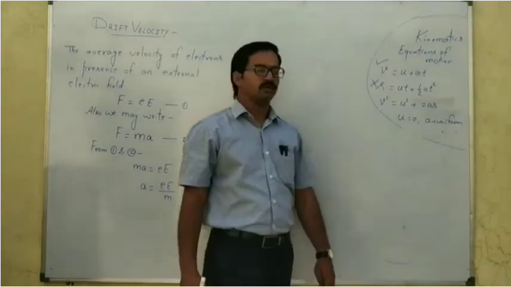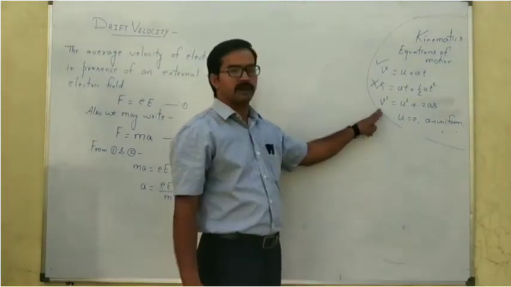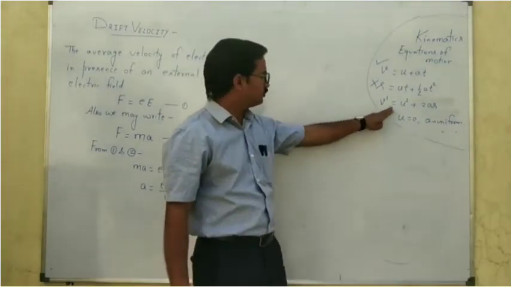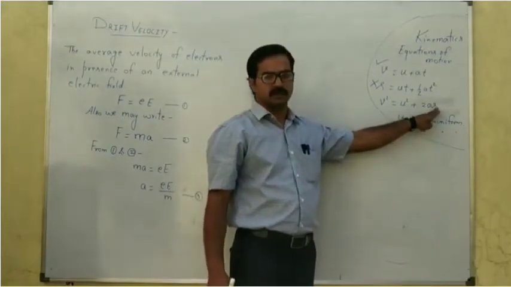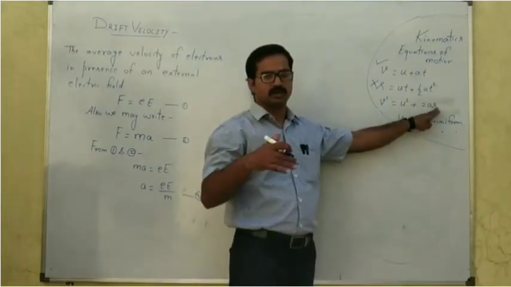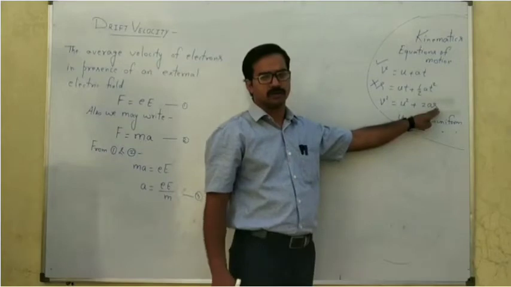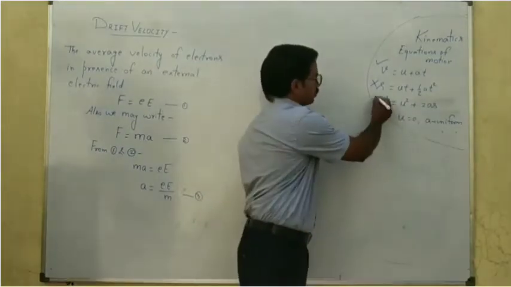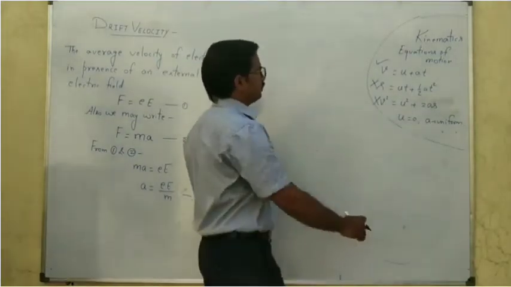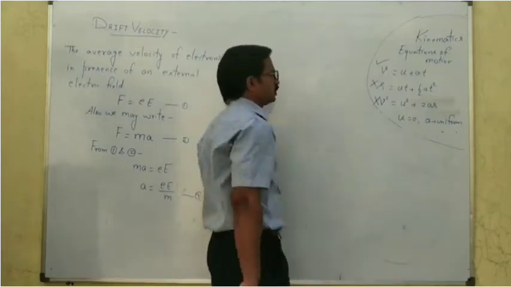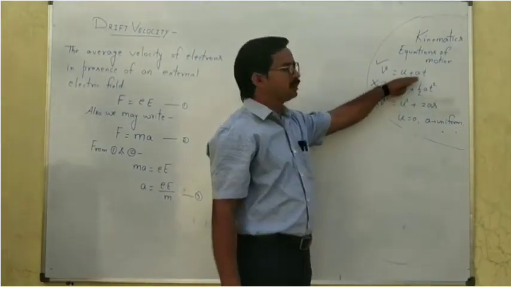If we go with the third equation of motion to find the final velocity of each electron, we do not have s, meaning how far an electron travels between two consecutive collisions. So this option we also cannot use. We can only use the first equation of motion, that is v is equal to u plus at.